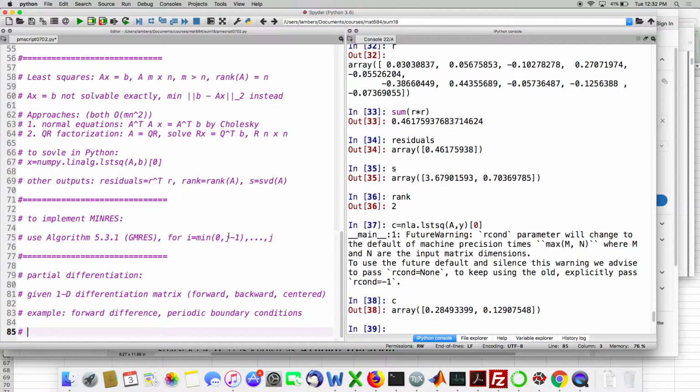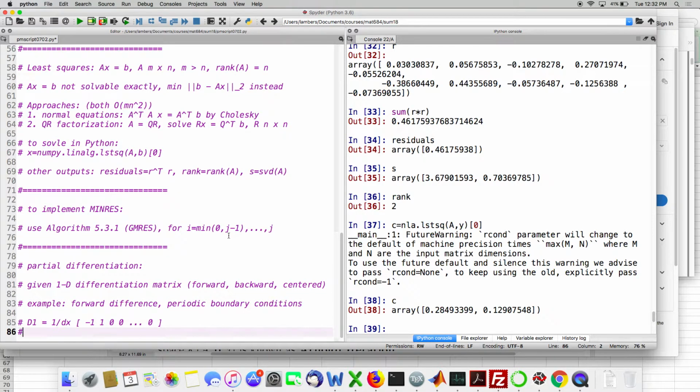So my matrix, I'll call it D1, is equal to 1 over my spacing dx, and it has minus 1s on the diagonal and 1s on the super diagonal.